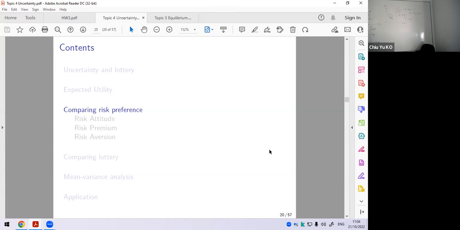And we can also compare lotteries, okay? You look at two lotteries, okay? And can we say one lottery is always better than the other, regardless of your preference? Okay. Can we say, regardless of your risk preference, you will prefer one over the other? Okay. Actually, that later you see is called first order stochastic dominance.